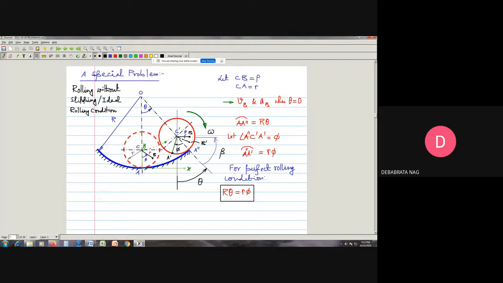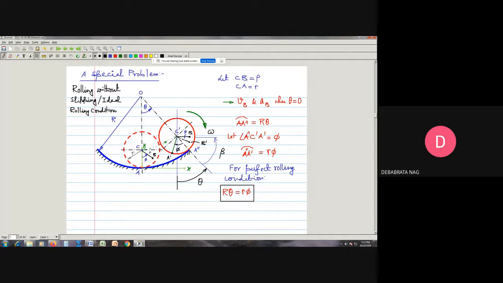That means the angle A' C', and if we take some point here, let's call it point D, then it will be the angle A' C' D. This angle gives the orientation of the radial line with respect to this fixed line.